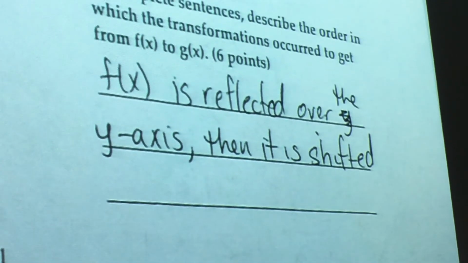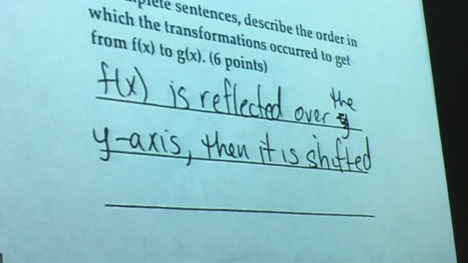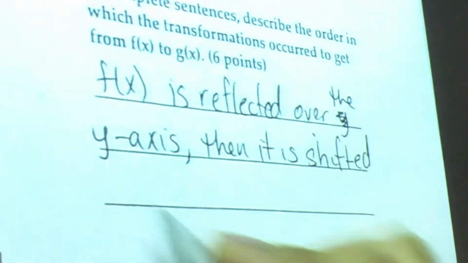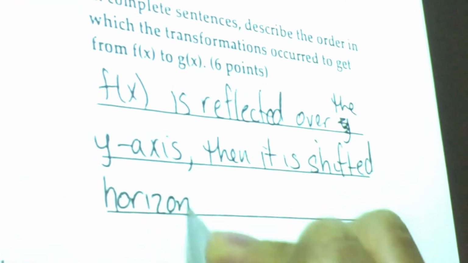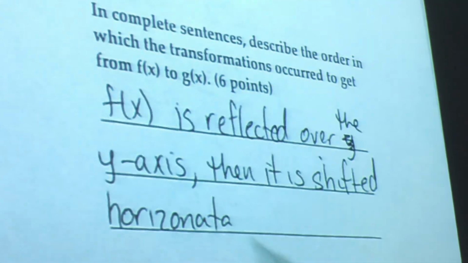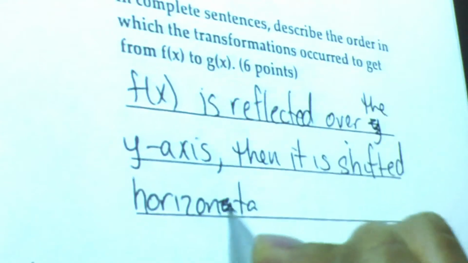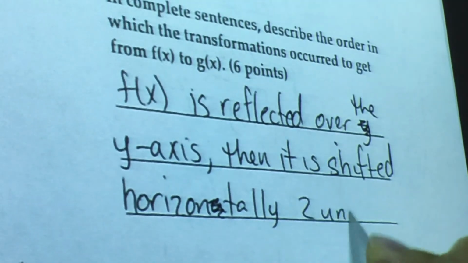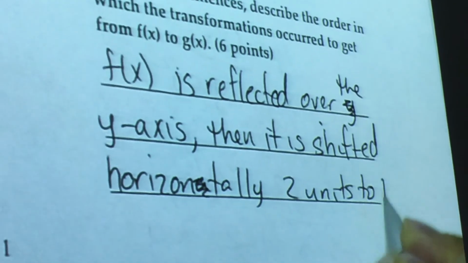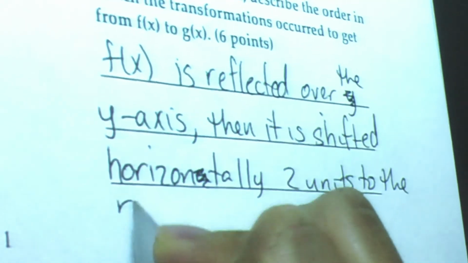Now, is the 2 to the right a horizontal or vertical shift? So you need to use the word horizontally, and I already misspelled, that A's not there. Horizontally, 2 units to the right.